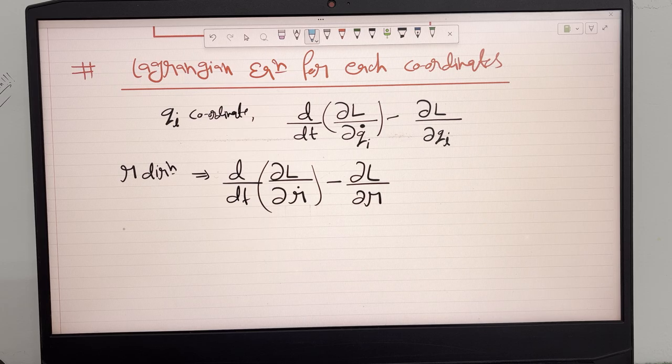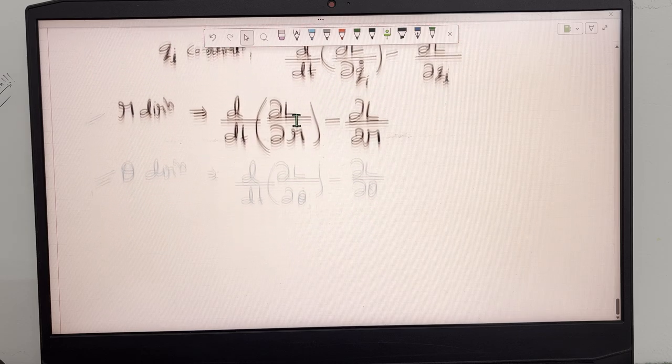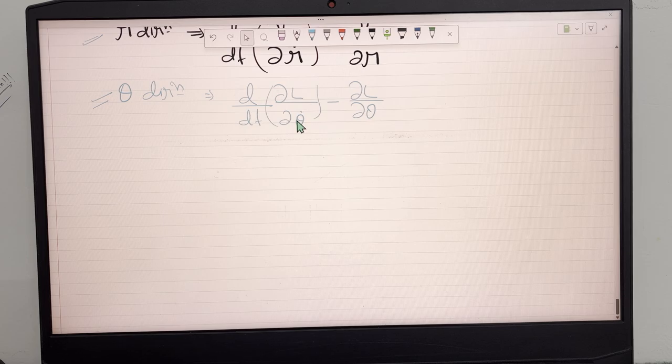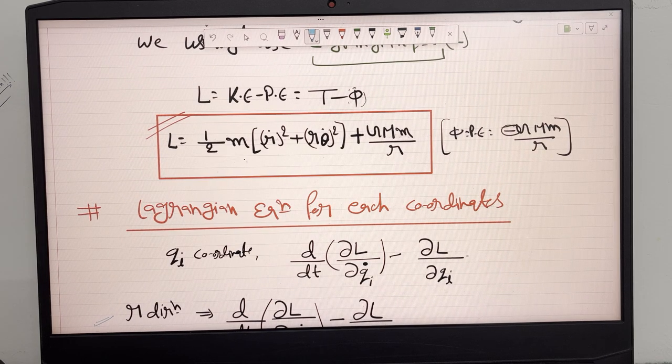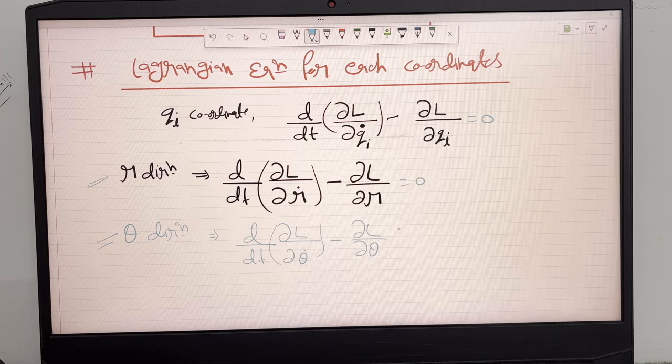Similarly for the theta direction, that is the tangential direction, d by dt of dou L by dou theta dot, minus dou L by dou theta, right? These are the Lagrangian equations for each coordinate, for the different directions, the radial direction and the tangential direction. And this is equal to 0, sorry, I forgot this, it must be equal to 0.